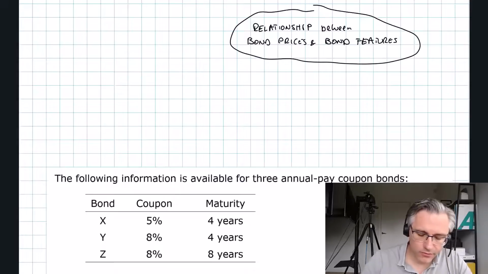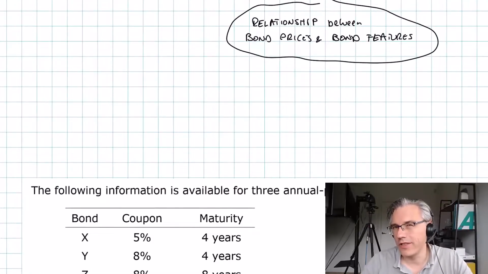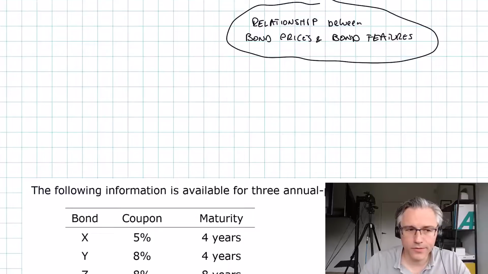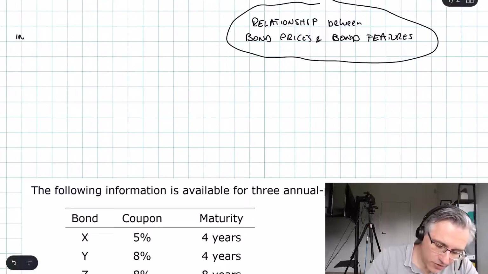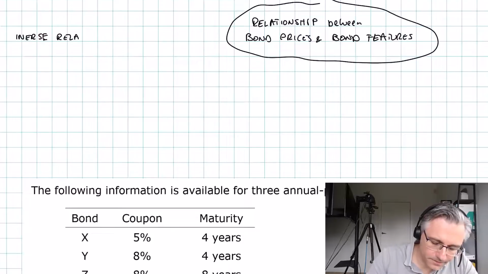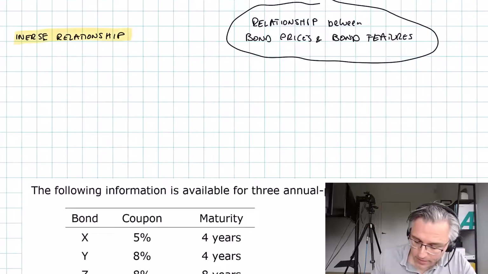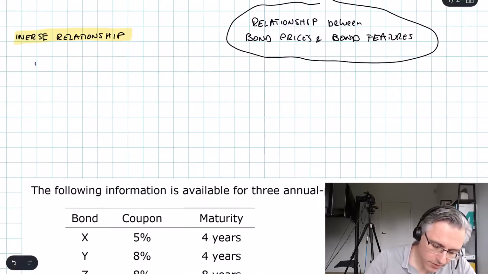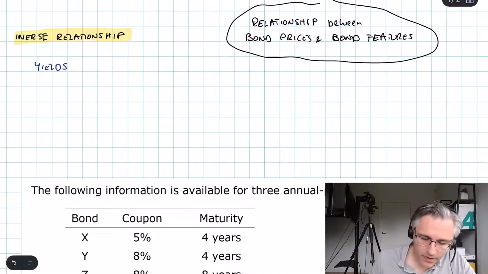The first one it talks about, although this is one we've already covered in a previous video, the initial video in the series on pricing called Bond Pricing and the TVM, is the inverse relationship that we observe between yields, or discount rates, or required rates of return, and price. So yields move in the opposite direction to price.